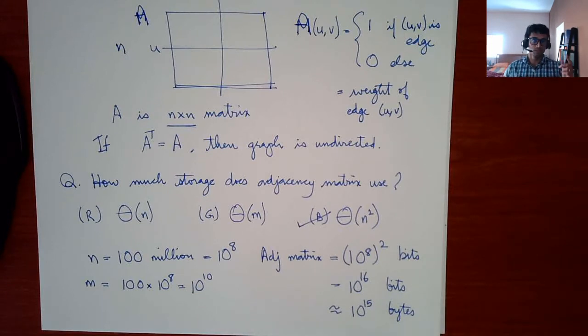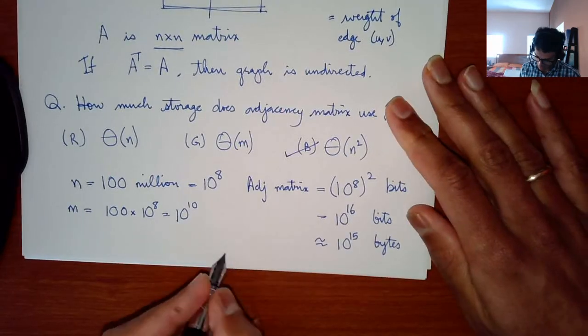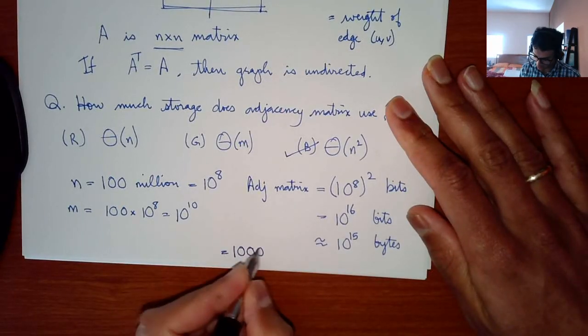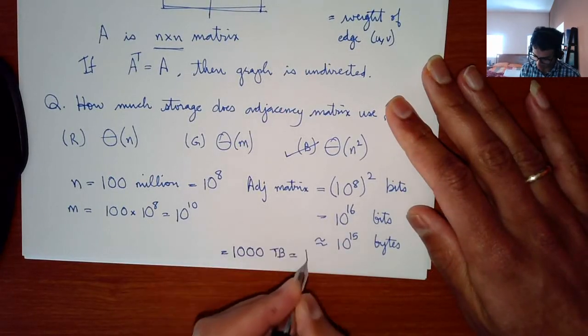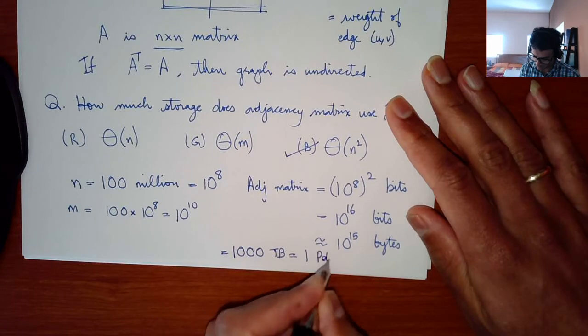Right? So 10 to the 3 is kilo, 10 to the 6 is mega, 10 to the 9 is giga, 10 to the 12 would be a terabyte, and 10 to the 15, that's 1 petabyte. This is 1,000 terabytes. That's 1 petabyte. Can you repeat the word?